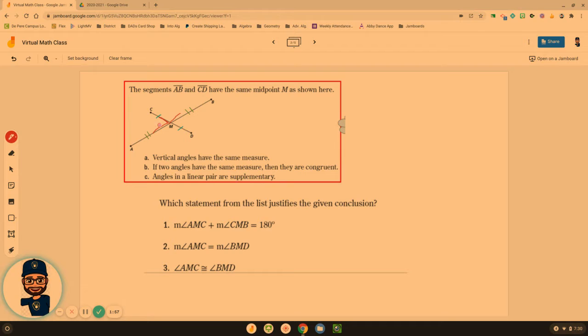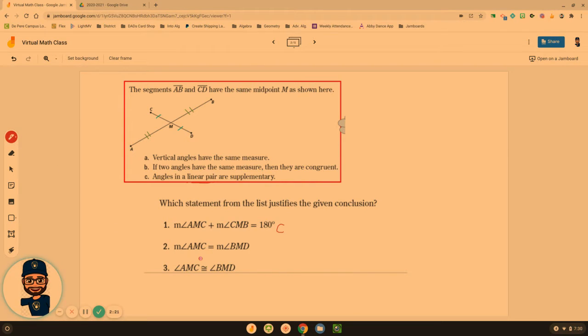Well, they are adjacent. And if they're adjacent and they're next to each other and they create a straight line, we call that a linear pair. So this is going to be C. Angles in a linear pair are supplementary. Okay? And so that's just using the definition of linear pair.